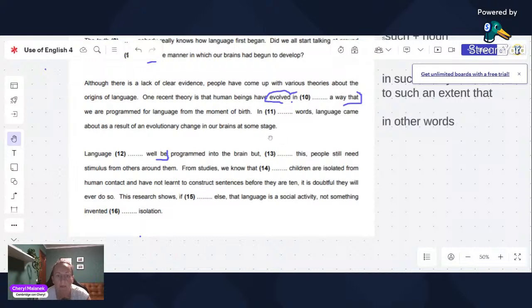Okay, number 13. So I've got a comma here. Okay, so comma. What happens here? So we've got, language might well be programmed into the brain, but people still need the stimulus from others around them. So the comma is giving extra information.